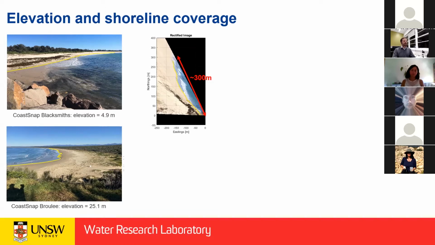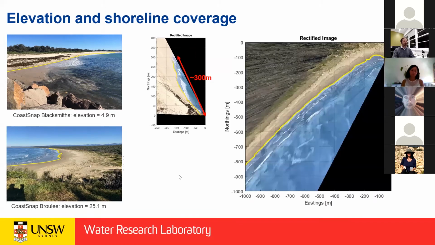Because it's 5 times higher, you can get coverages of up to about 1.4 kilometers. If I was to put a number on it, I haven't looked too much into it, but I'd say about 1.5 kilometers is about the limit. 1 to 2 kilometers of good shoreline extent, depending on the elevation.